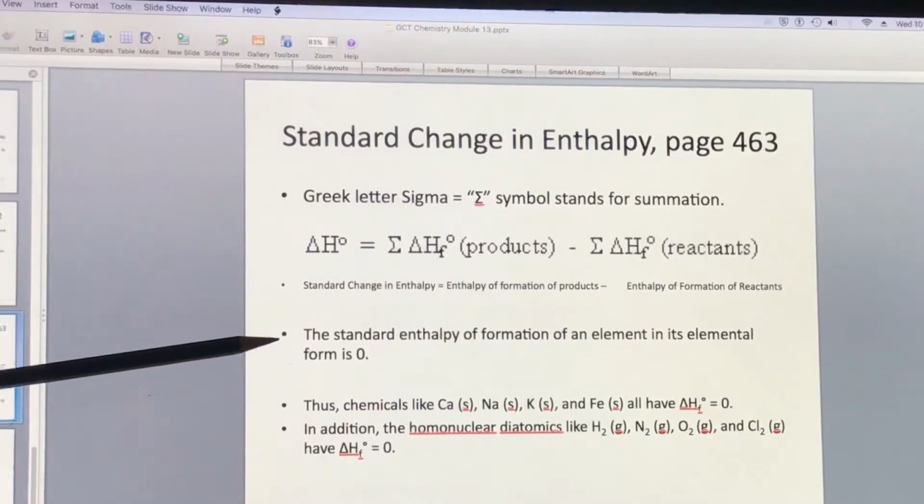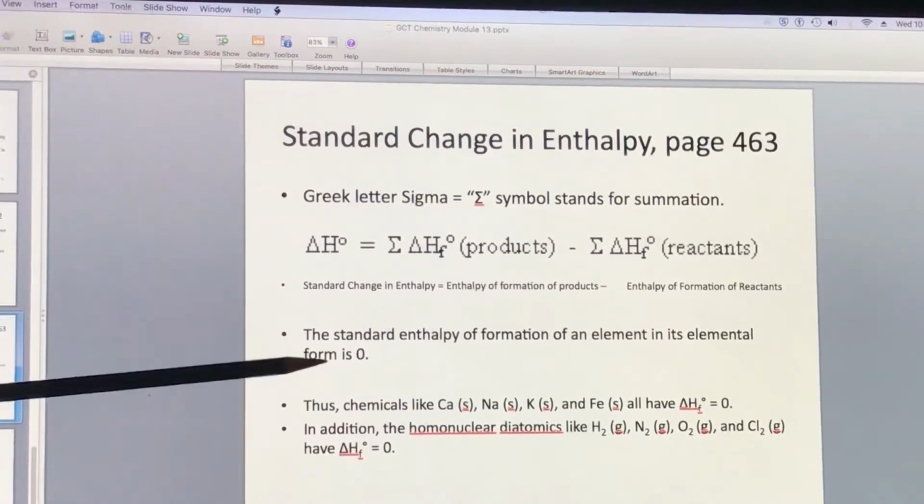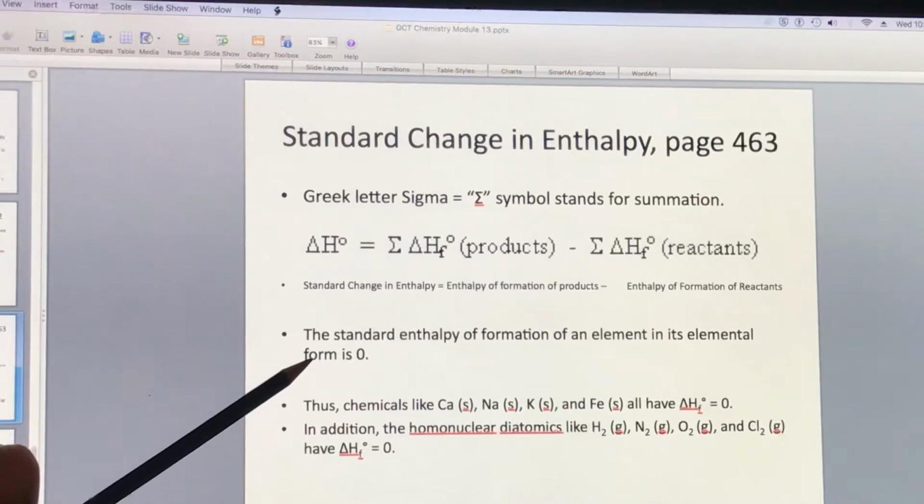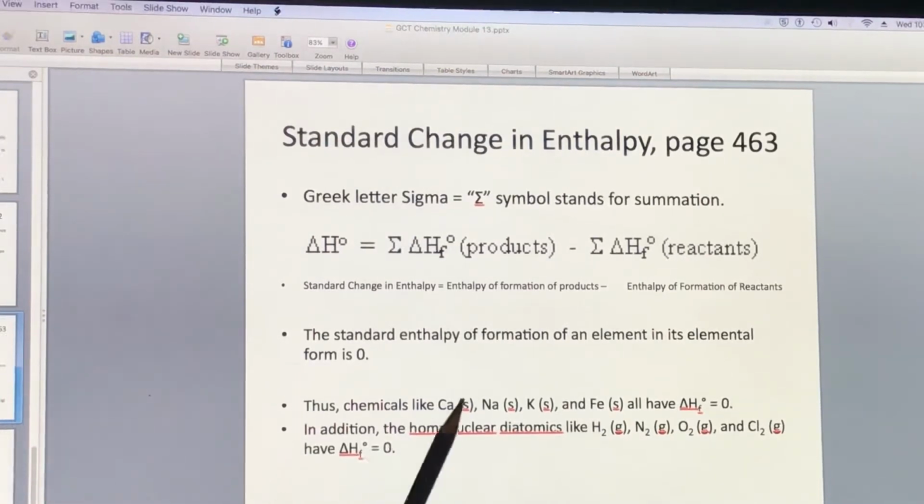So just to point out, the standard enthalpy of formation of an element in its elemental form is 0. Chemicals like calcium, sodium, potassium, and iron all have a standard enthalpy of formation equal to 0.